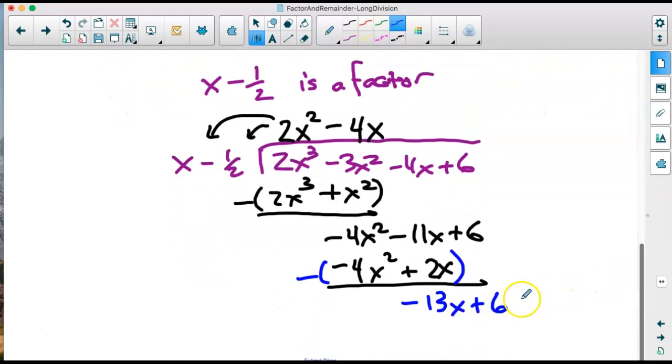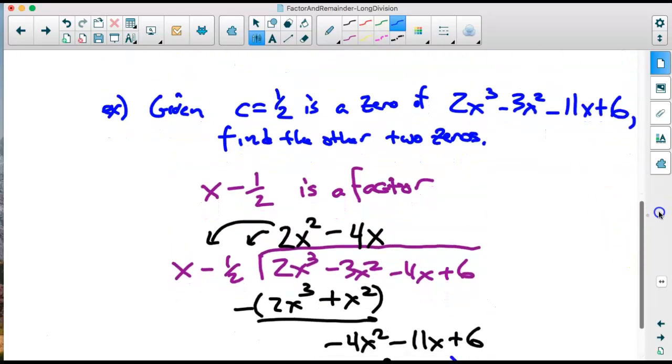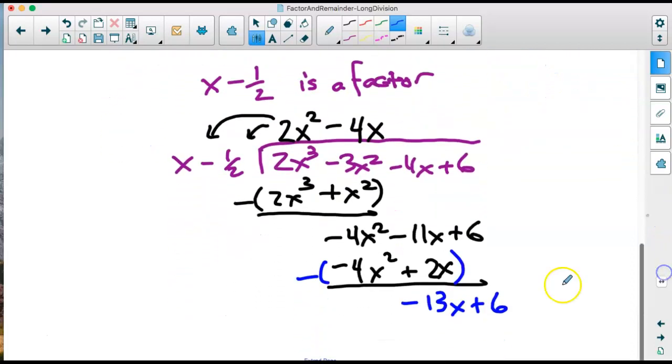Okay. Then we need to divide this into this, so it's going to be minus 13. That's not a factor. Let's check to see if it's a factor. If it's a factor that goes in there, it should be 0. So let's just double check, because this is not working out here.